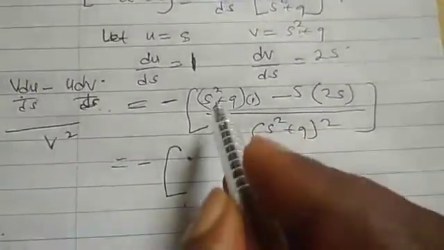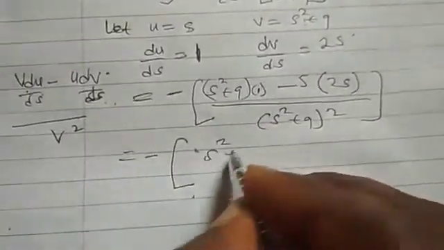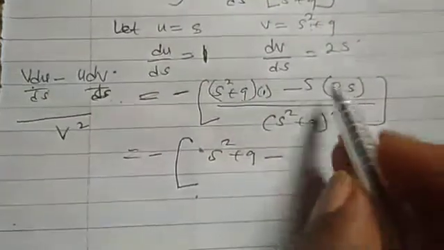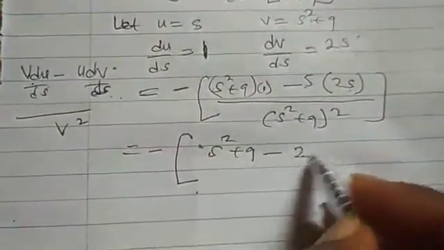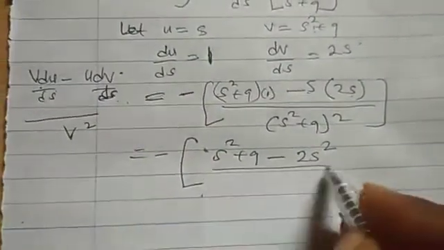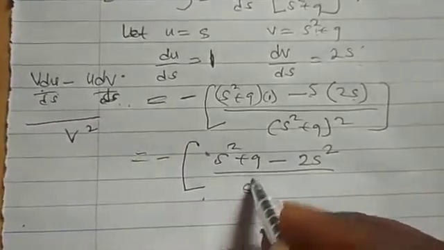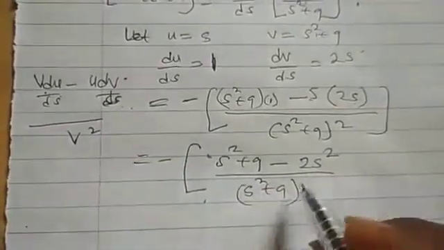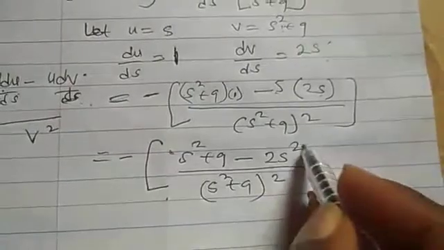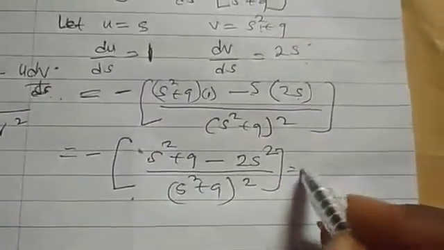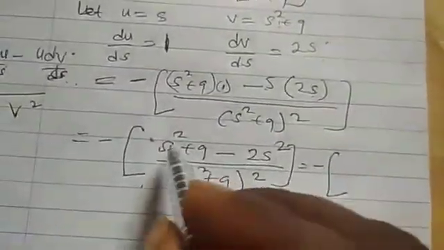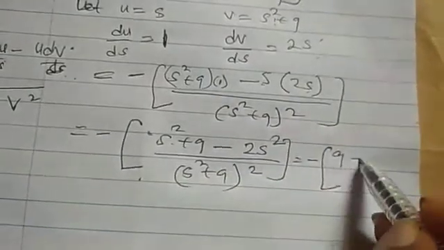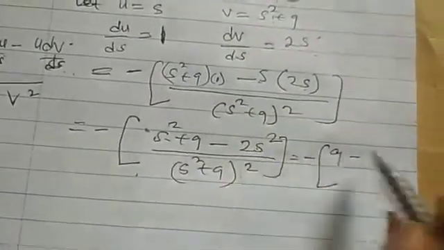This is negative into, if you expand it, s squared plus 9 minus s times this, we have minus 2s squared over s squared plus 9 all squared. This is minus into s squared plus 9 minus s squared minus 2s squared.